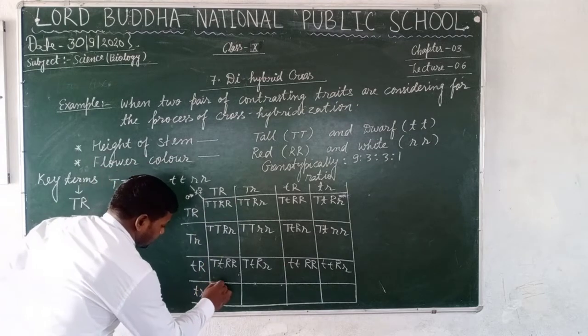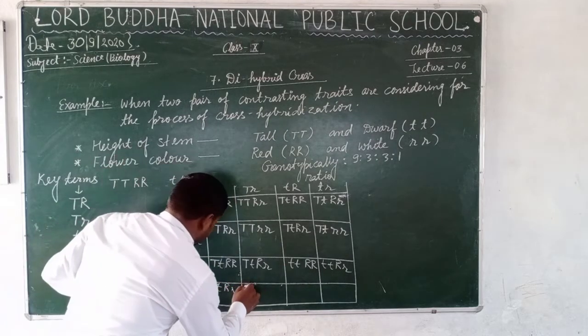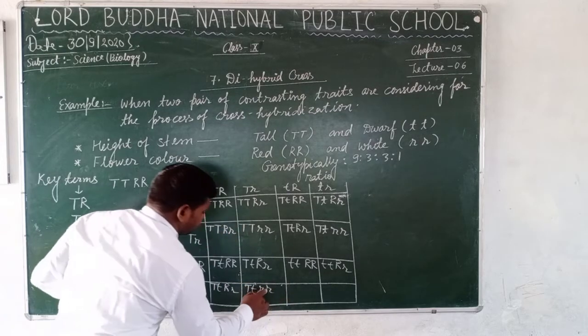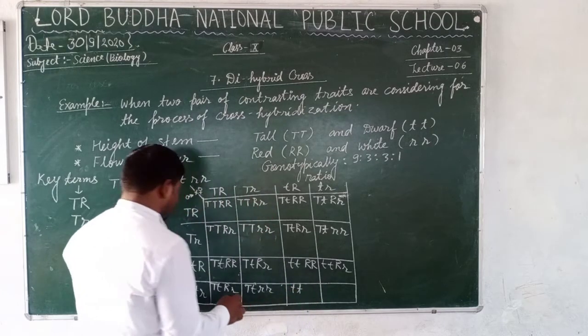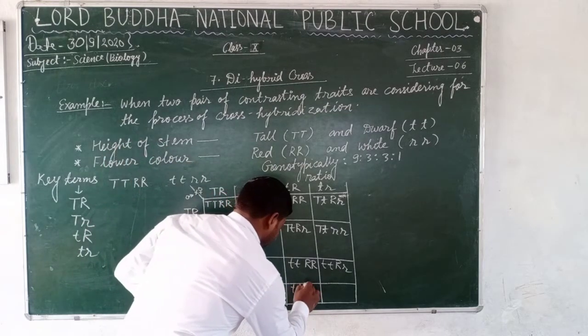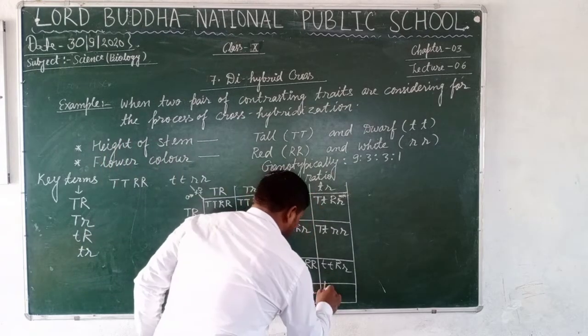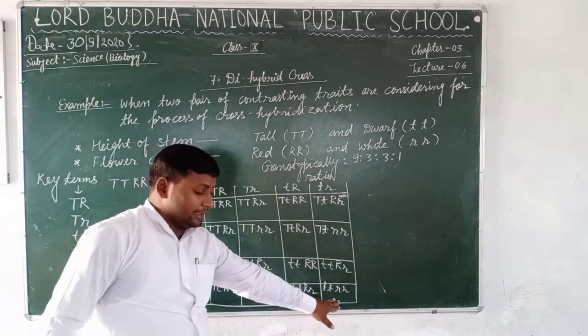Now here capital T small t capital R small r, capital T small t and small r. This will be small t capital R small r, and this is the small t and small r. This is the pure recessive trait.